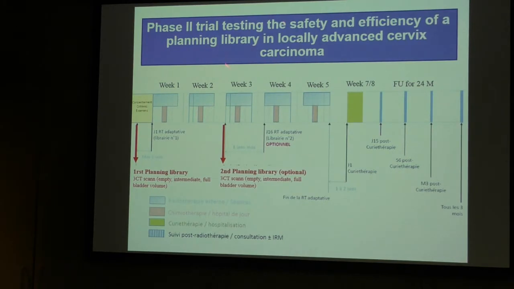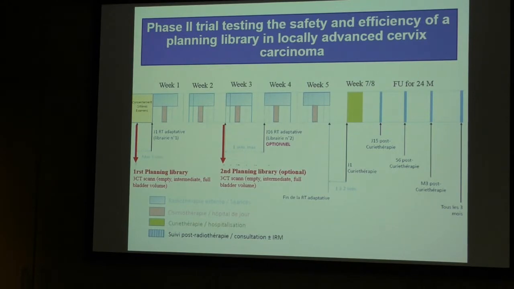And actually, we have this trial, which is ongoing, and which will be almost ended, which tries to test the benefit of a planning library based on 3 CT scans, and also a replanning, because what happens for cervix, of course, is uterus motion as well as tumor shrinking. And you will not correct the tumor shrinking by the pre-treatment planning library.